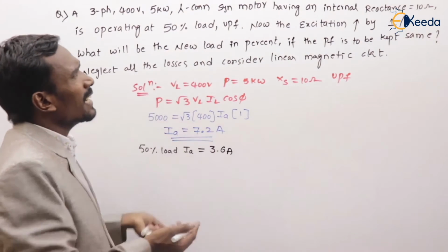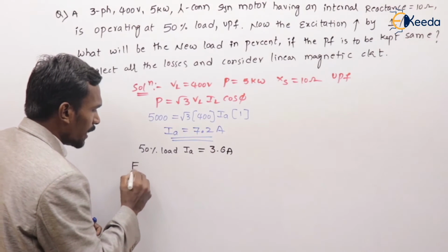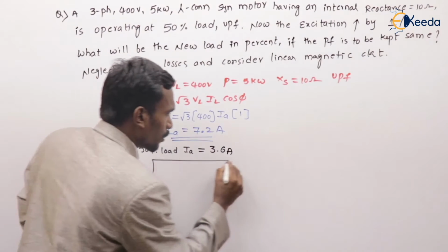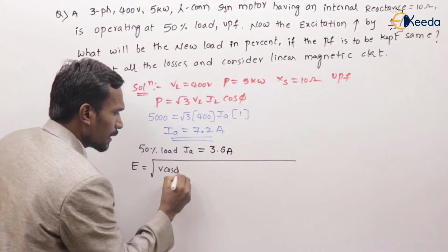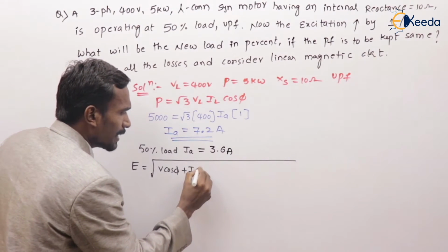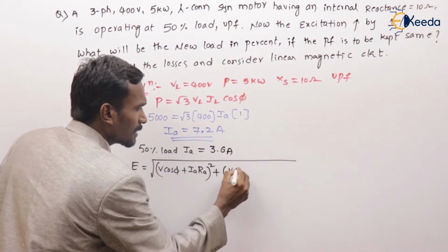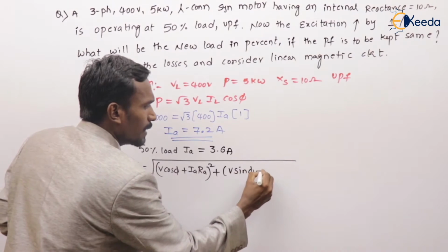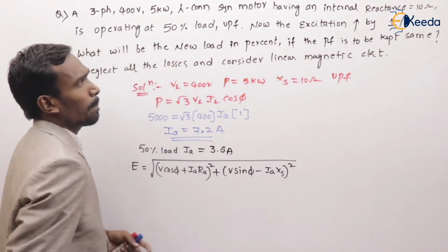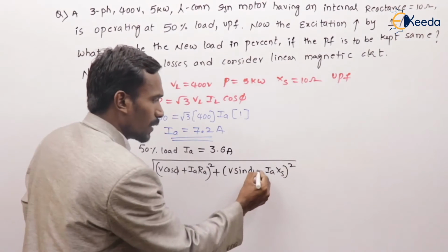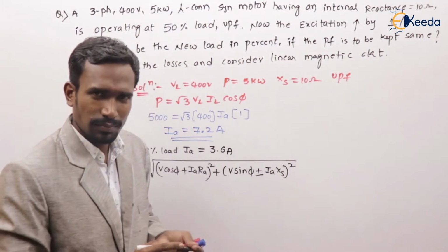Now, what is the EMF for this? The EMF E is equals to square root of (V cos phi plus IARA) whole square plus (V sin phi minus IAXS) whole square, plus or minus, actually plus for lagging, minus for leading.